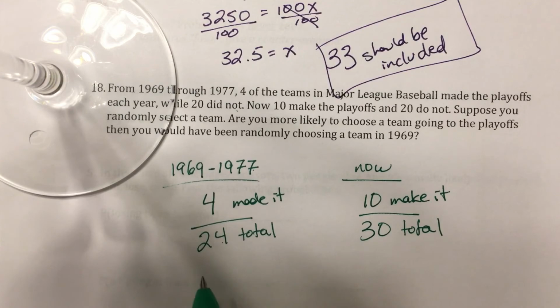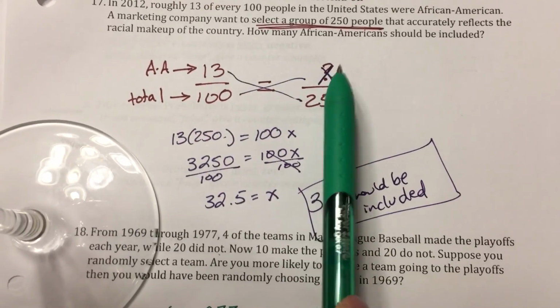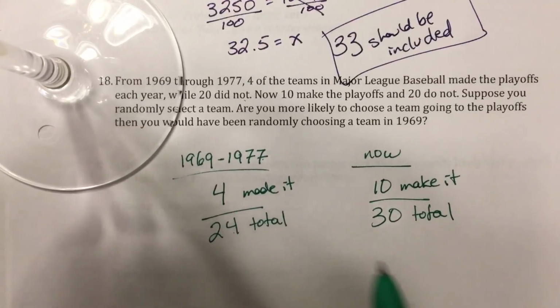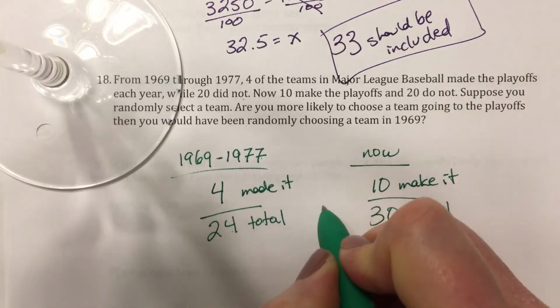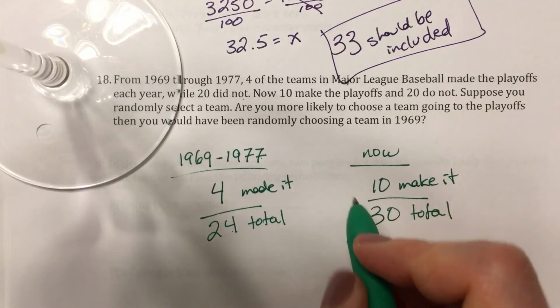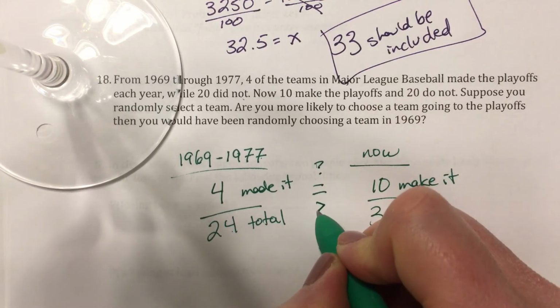Our question is unlike this one up here where we said, well, these two ratios are equal, we're just missing a piece of information. Now we have two that we don't know if they're equal. Are they equal? Do you have the same chance of making it to the playoffs? Or is one bigger?